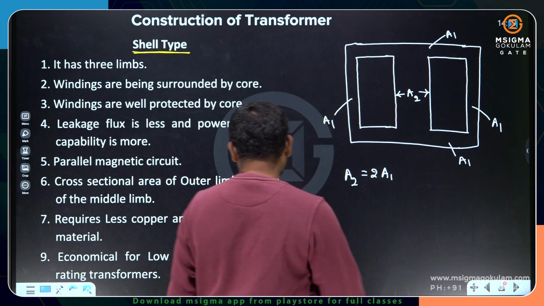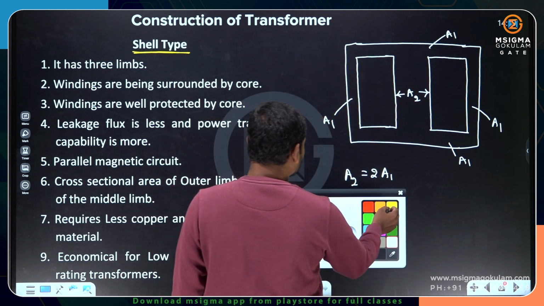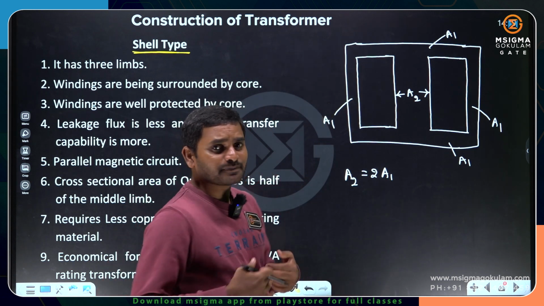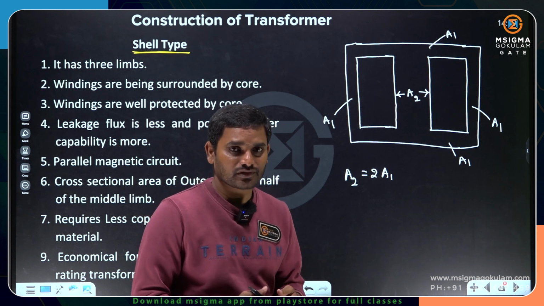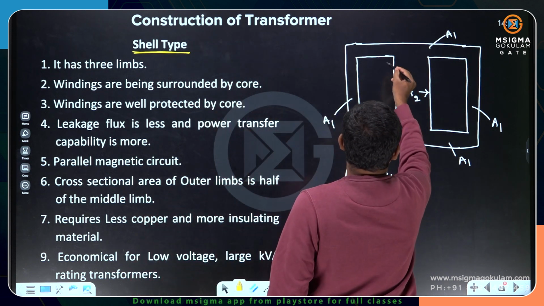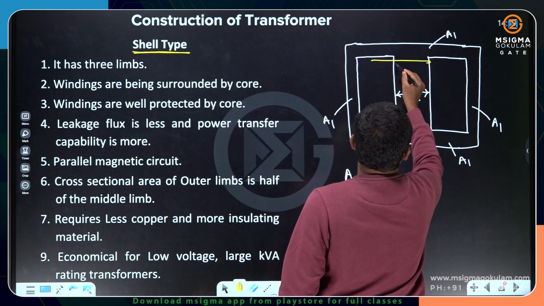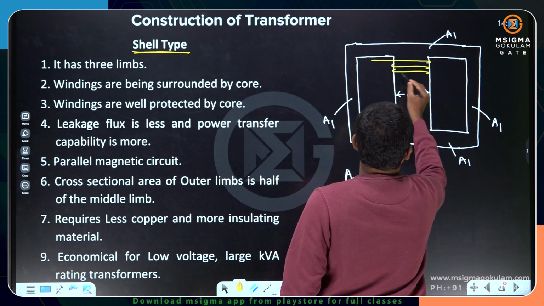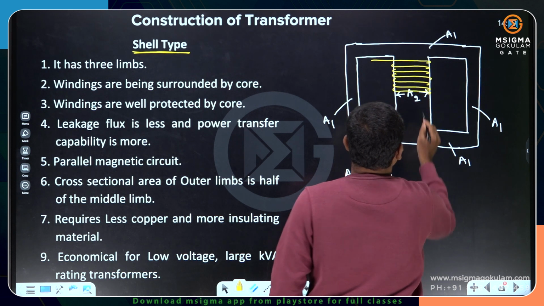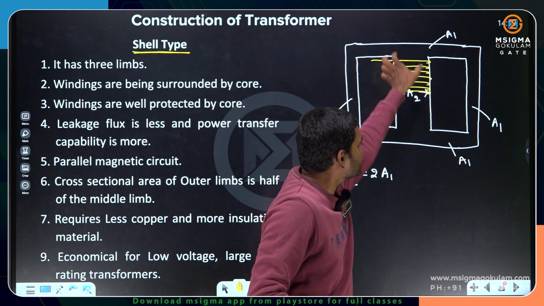Anything is okay. And now we are going to place a winding. Same, let us place 220 kilovolts by 11 kilovolts. If you want to place a 220 kilovolts winding, here I have to place more number of turns. But the leg is of this much length only.